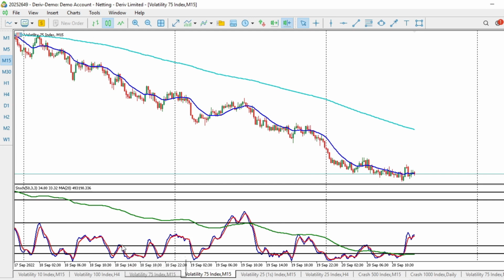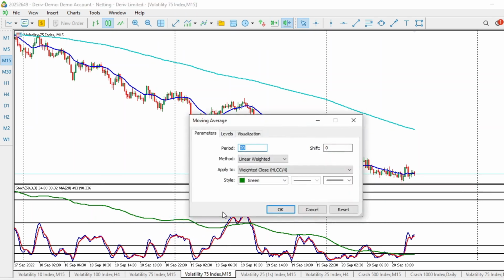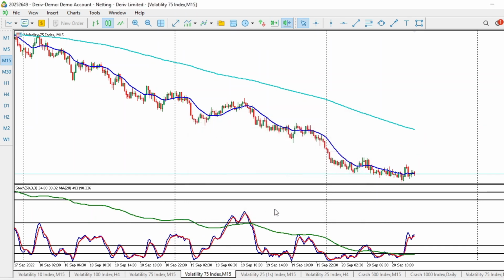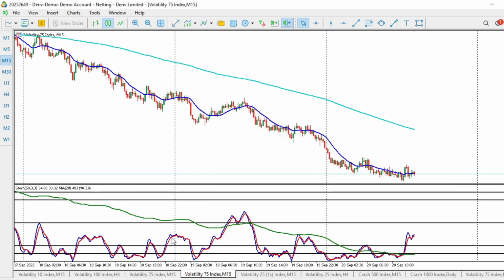So we first put the stochastic. Now I shared the video on how to combine these indicators, but now let me quickly show you how we can add them, for those who don't know.